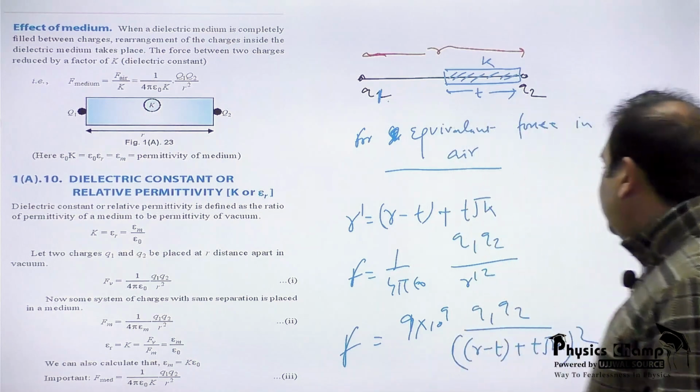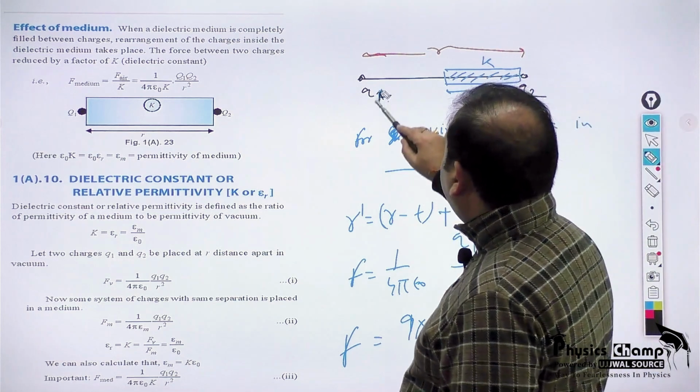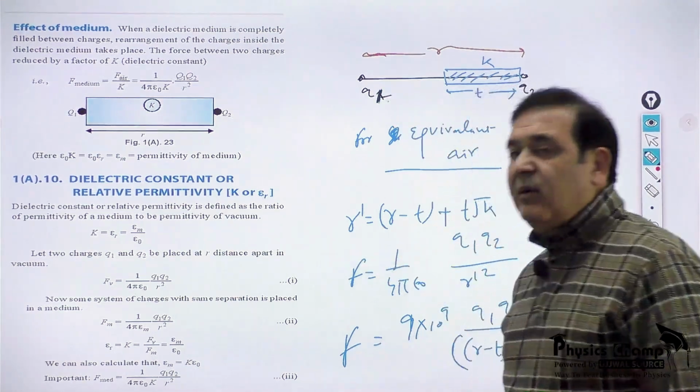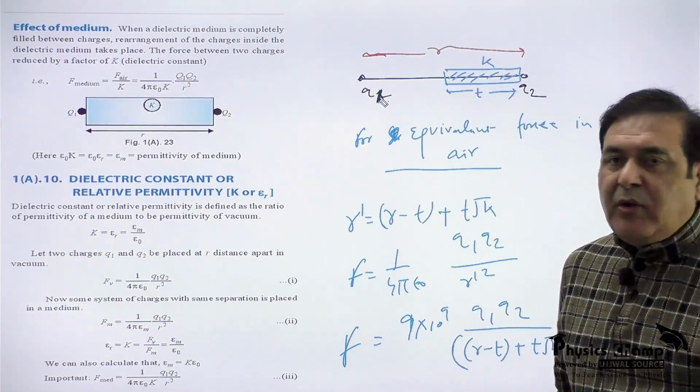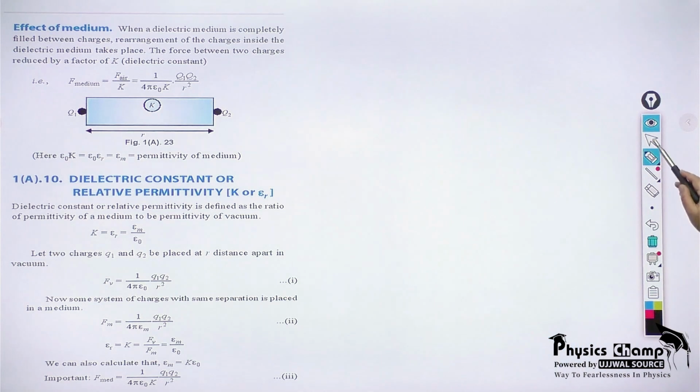This is how we can get the force between the two charges when the space between them is partially filled with a dielectric of constant K. So I hope you could understand the basic concept behind it.